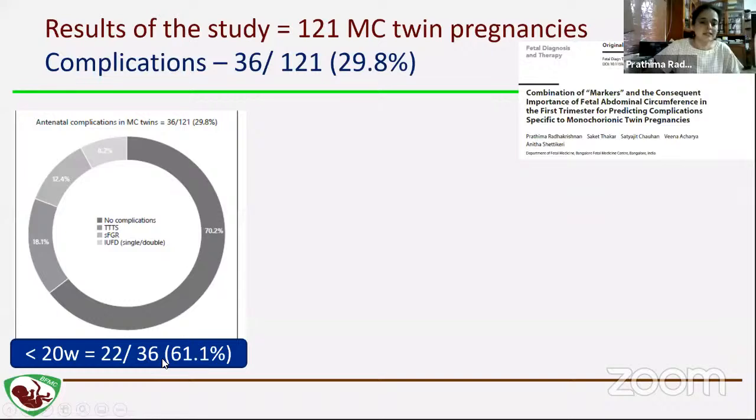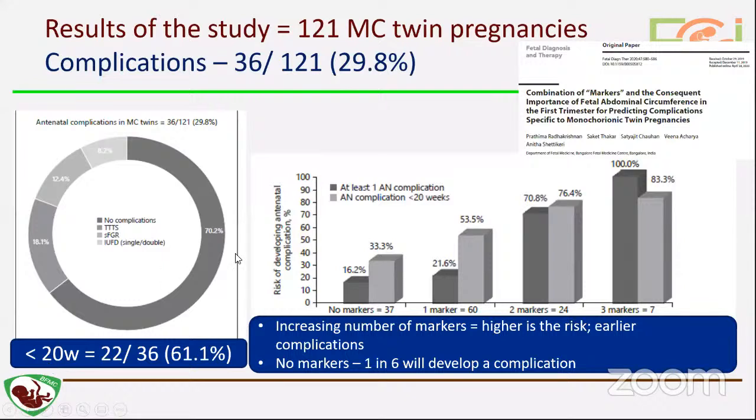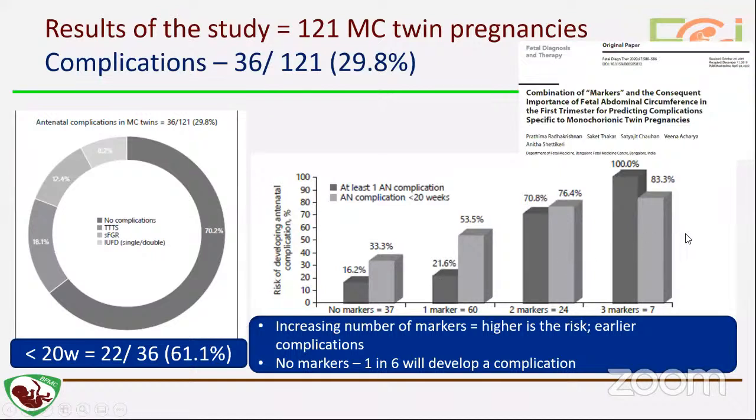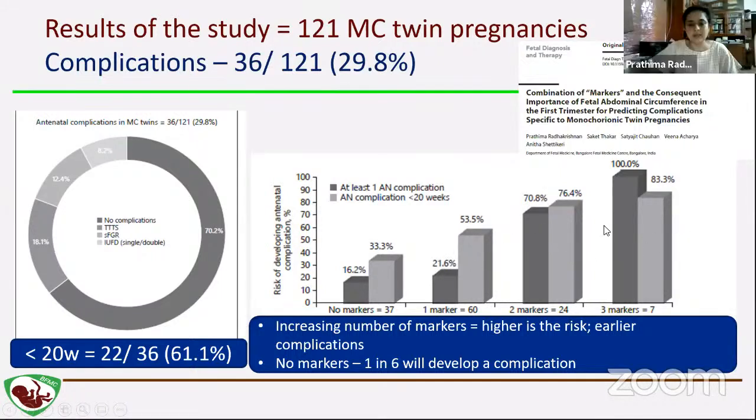About 30% developed complications and 70% did not have complications, and the majority, 60% of those, developed before 20 weeks. We looked at the markers, these three markers, in isolation and in combination: no markers, 1, 2, and 3.